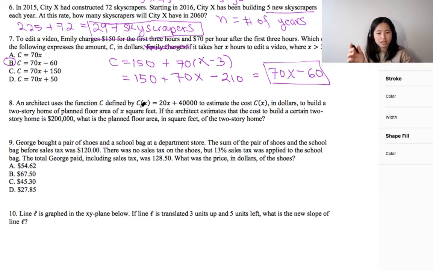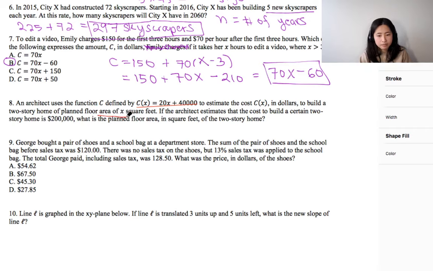Okay, so there's a lot of things going on here. Basically, they're telling us that you have a function, and that's in dollars. So we know that C of x is the amount that you need to pay, and x is basically the area.